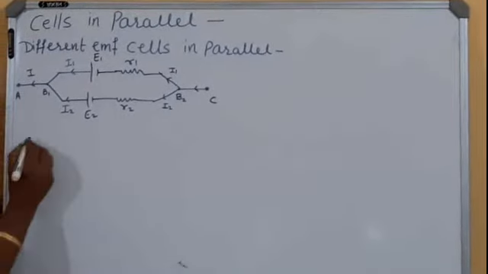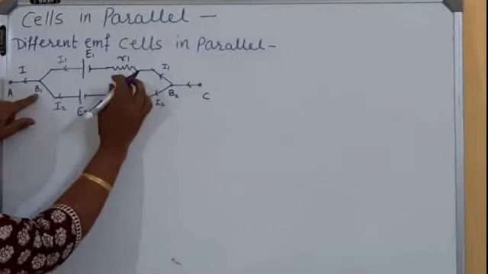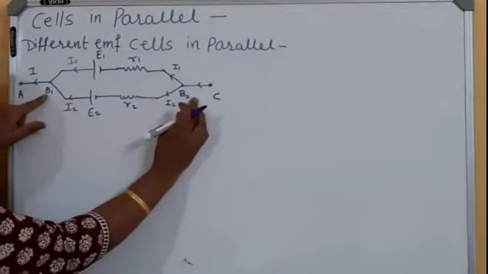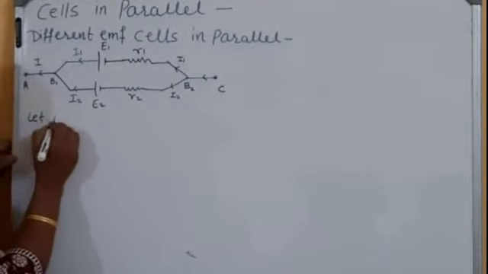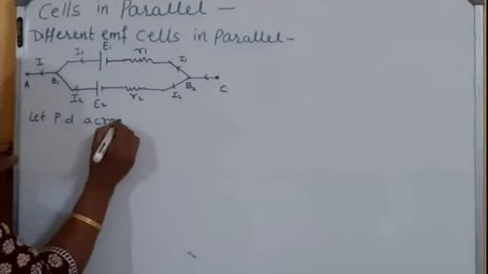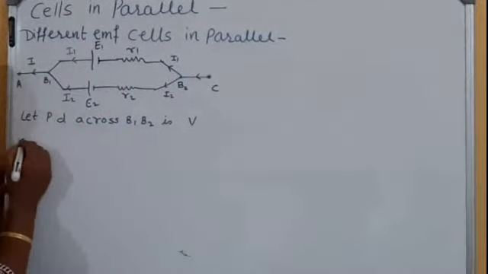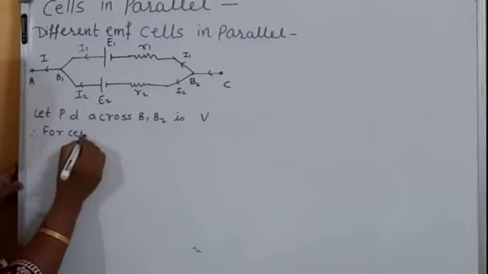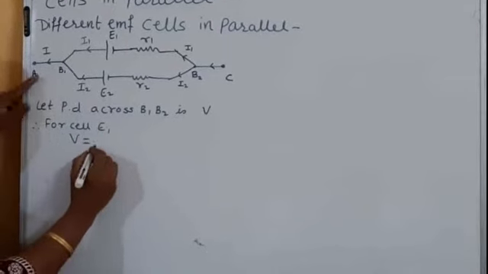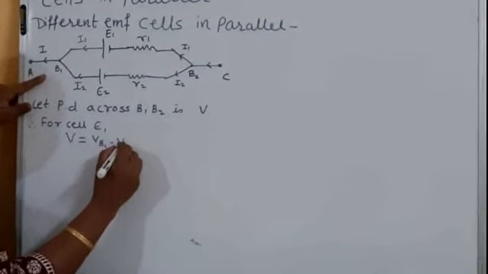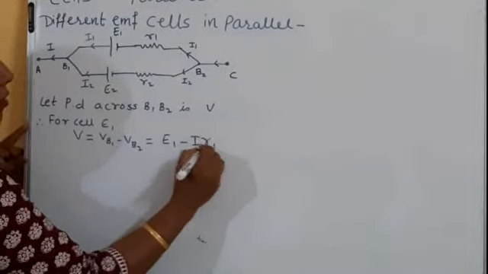So here we will write the potential difference. Since the two cells are connected in parallel, let the potential difference across B1, B2 be V. Therefore, for cell E1, V is equal to VB1 minus VB2, which is E1 minus I1 r1.